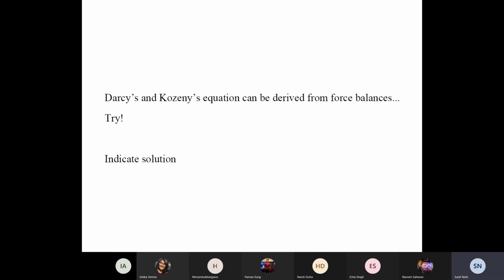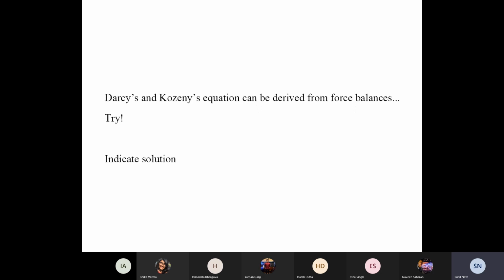And on the x-axis, we want the Reynolds number, but in this case the modified Reynolds number, so that the 1 minus epsilon, the void fraction, is also included, right?